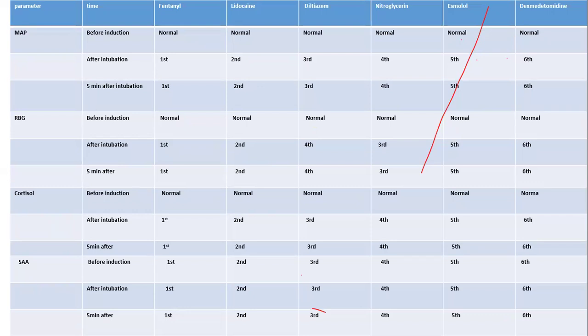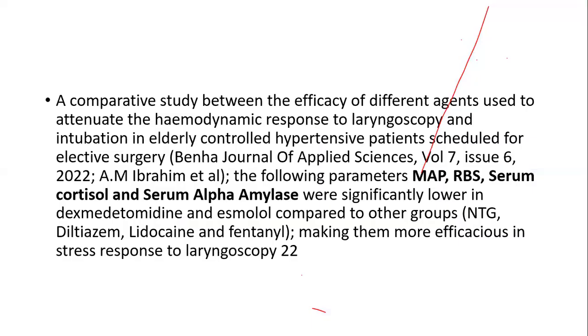So it was found at the end of this study that the parameters, that's the mean arterial blood pressure, the random blood sugar, the serum cortisol, and the serum alpha amylase, were significantly lower in patients who were administered dexmedetomidine and esmolol compared to the other drugs that were administered.